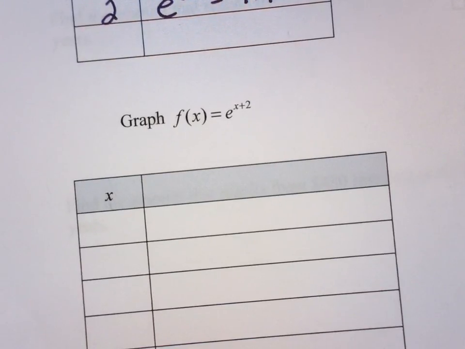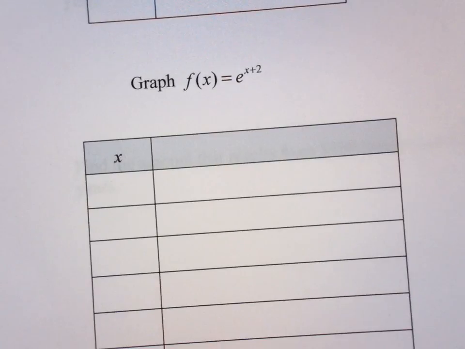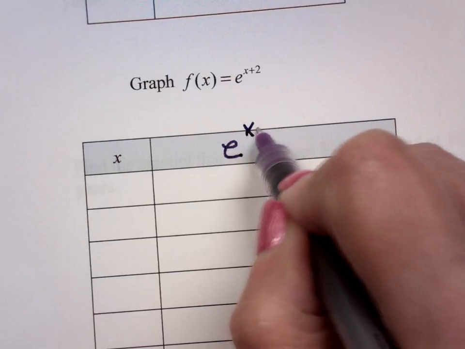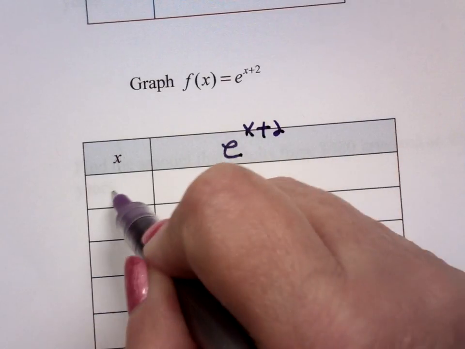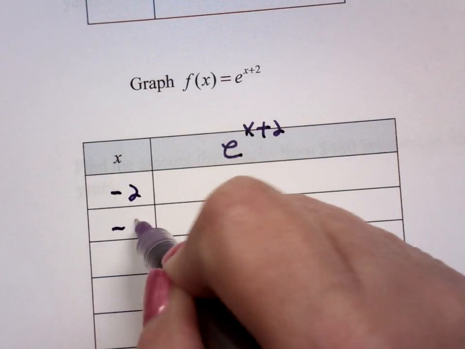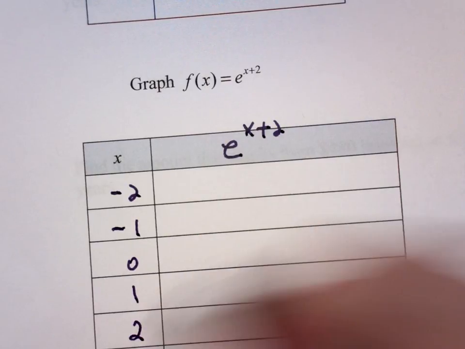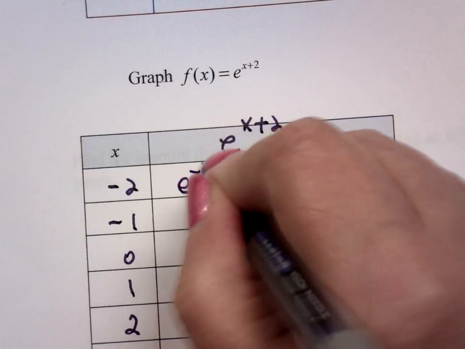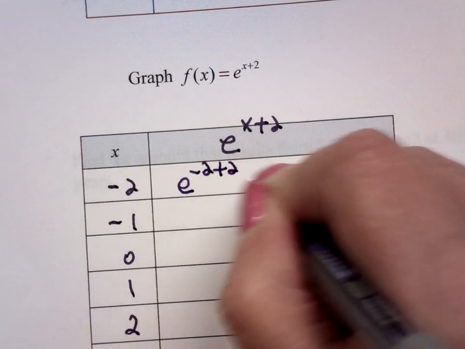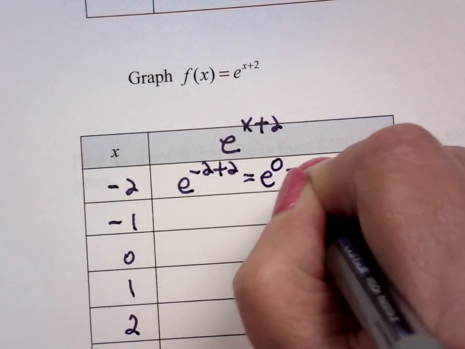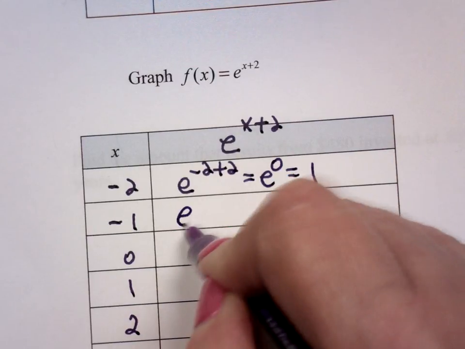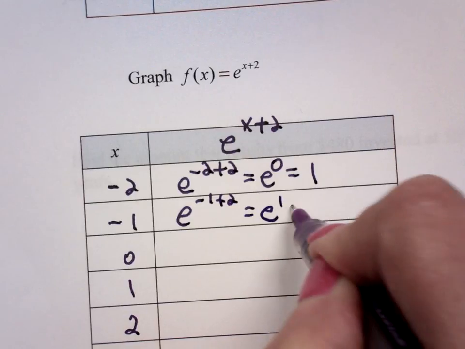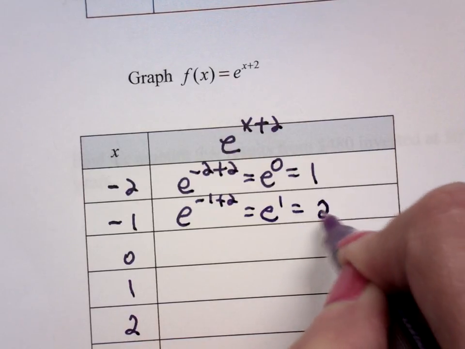Now, if I'm looking at e to the x plus 2, I put in x and I get out x plus 2. Again, the domain is all real numbers, -2, -1, 0, 1, and 2. So this would be e to the -2 plus 2, which is e to the 0 or 1. E to the -1 plus 2, which is e to the 1, or e, which is about 2.7.